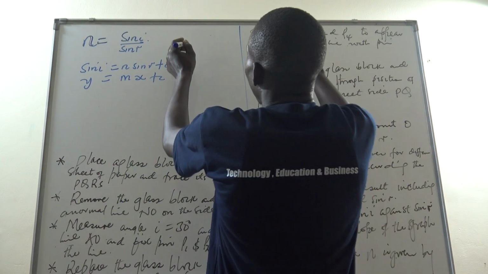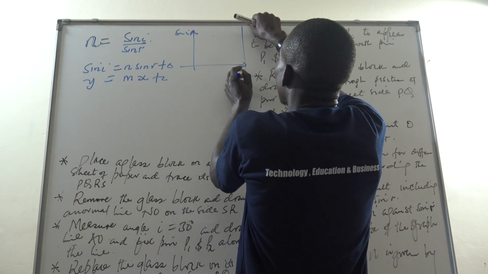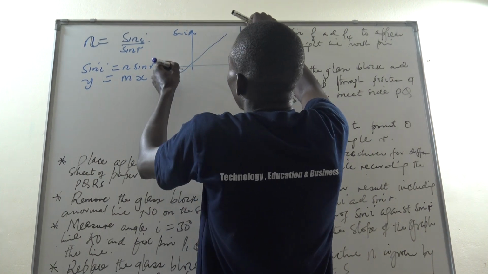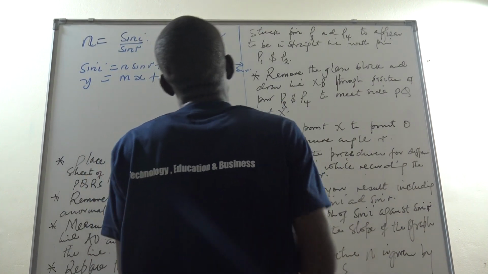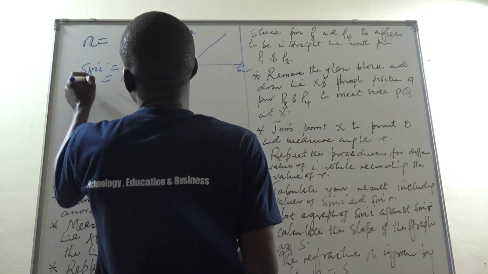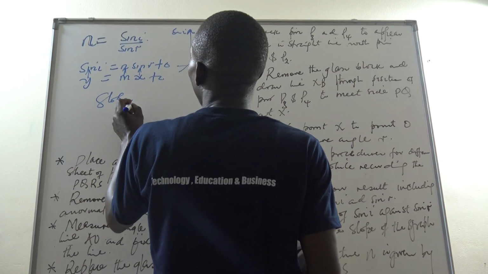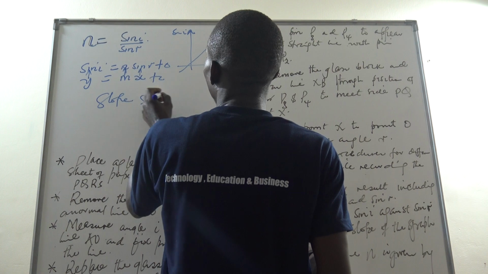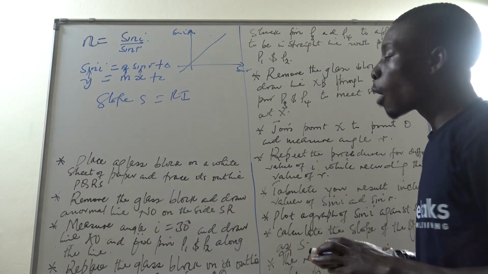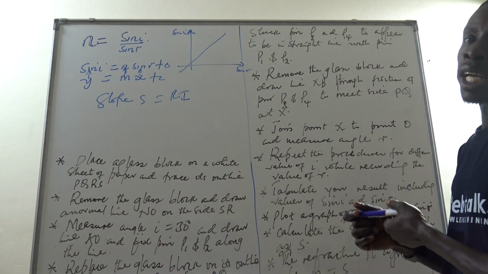So it is going to pass through the origin. And if you compare, it means that m is the slope. So it means the slope S is really the refractive index of our glass block. That is how we can basically determine the refractive index of a glass block.